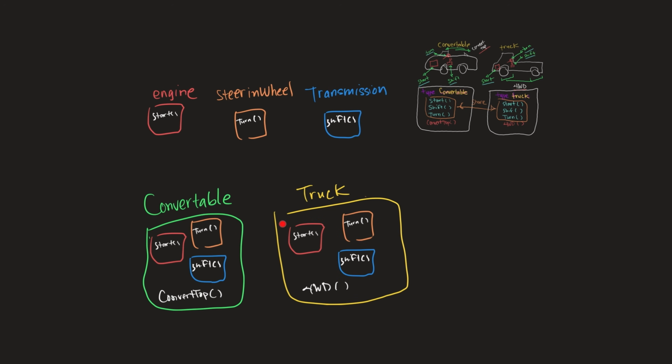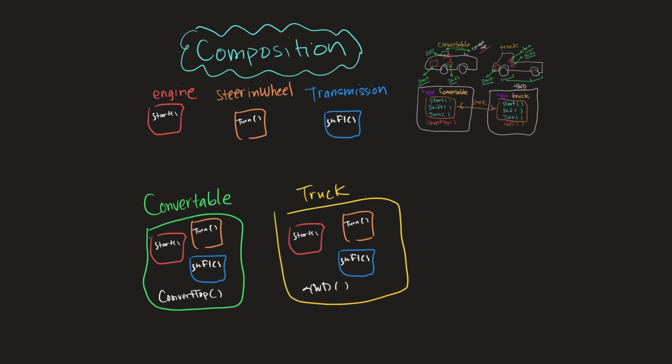So now the truck that we composed has the functionality to start, turn, and shift, as well as its own specific functionality for four-wheel drive. And the convertible has the functionality to start, turn, and shift, as well as its own individual functionality to convert top. So we've composed individual components together to create some specific thing, right? The convertible and the truck. And that is composition.